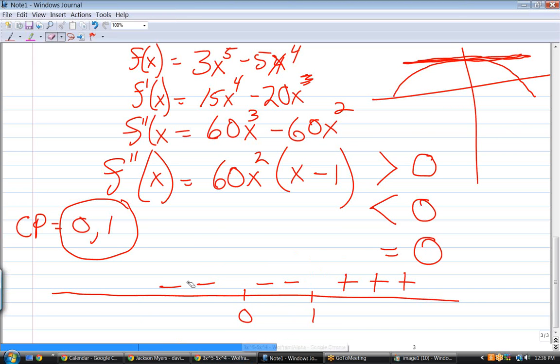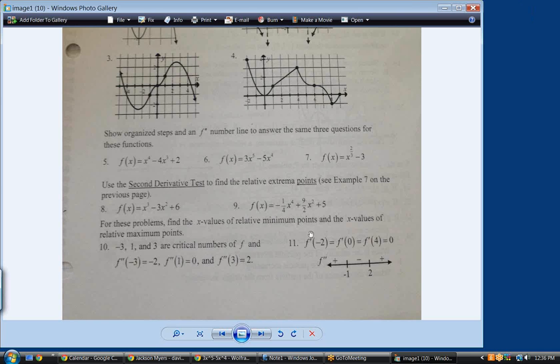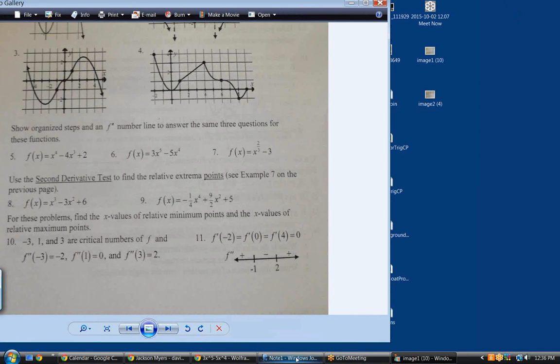Yeah, I think that's satisfactory enough. So we have a word of warning that just because the second derivative is 0 doesn't mean it's an inflection point. All right. Let's look at this other one here.